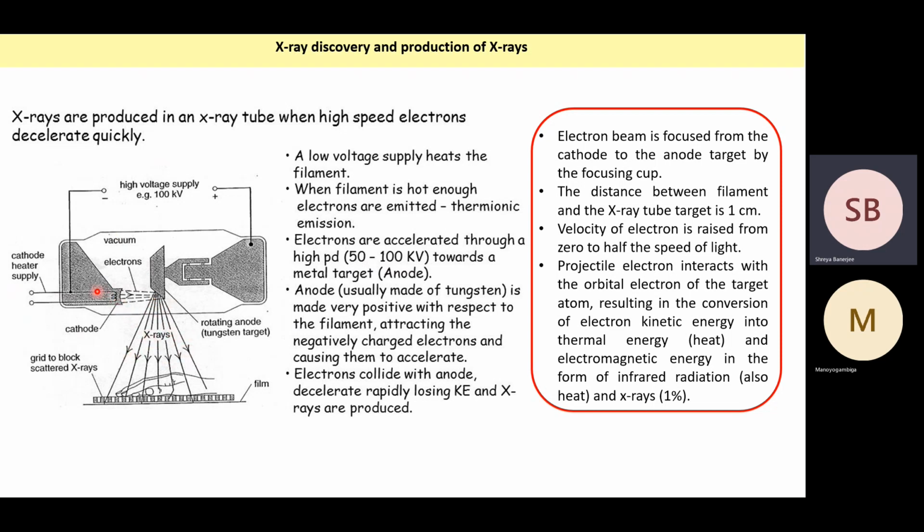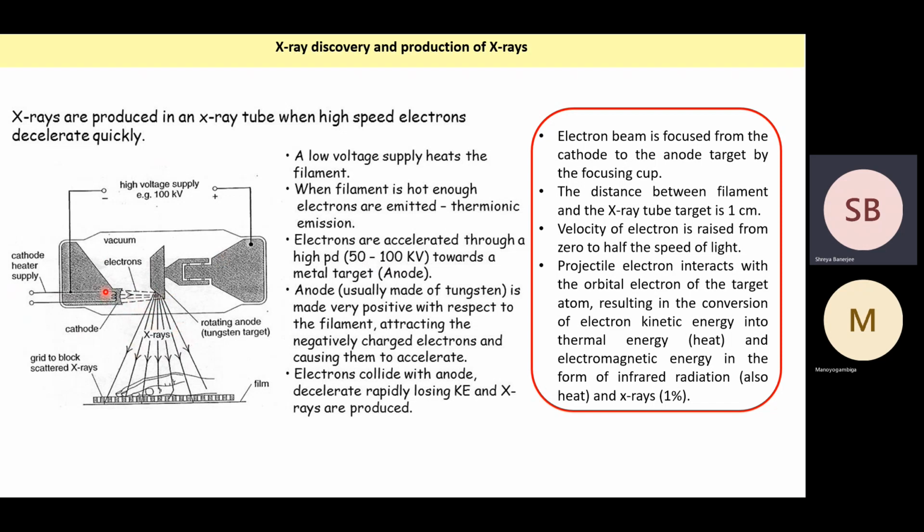Now, while traveling from cathode to anode, the electron is not scattered. It is focused by something called a focusing cup. This is to maintain a focused beam of electrons so that the X-rays are also not scattered everywhere and are focused.